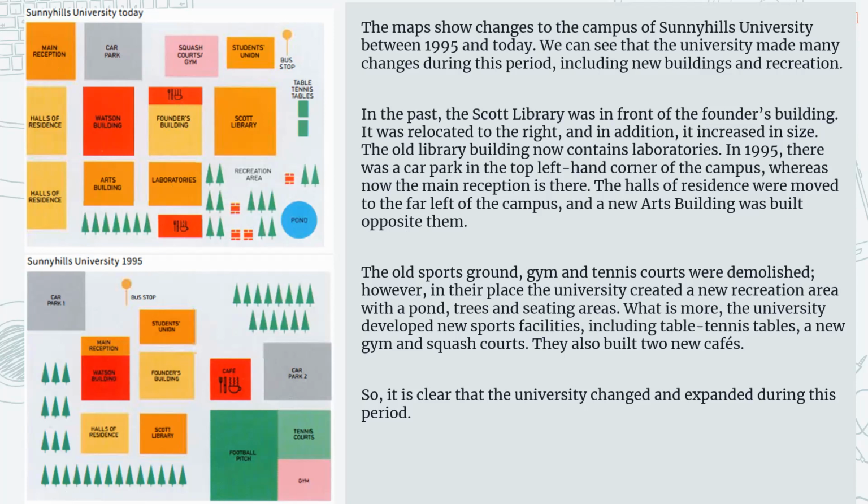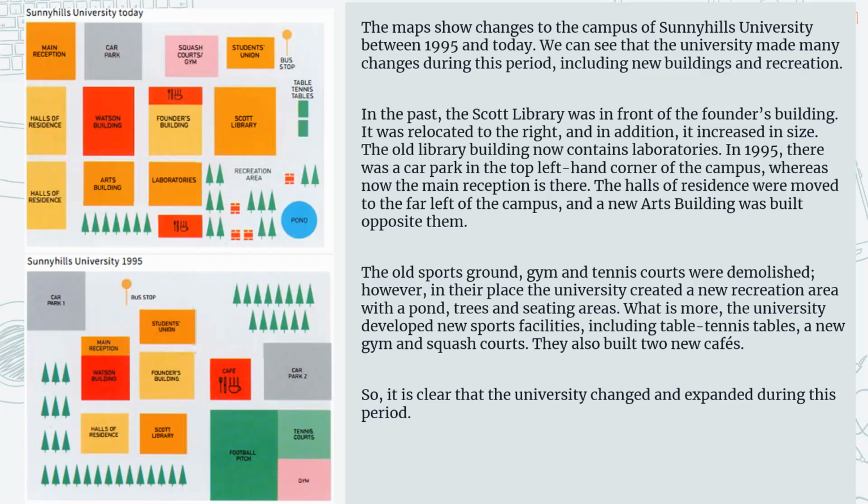Okay. The halls of residence were moved to the far left of the campus, and a new arts building was built opposite them. Here we have the halls of residence. Yes, they were moved, in the passive voice, remember.